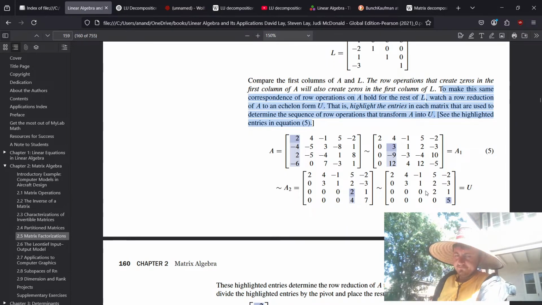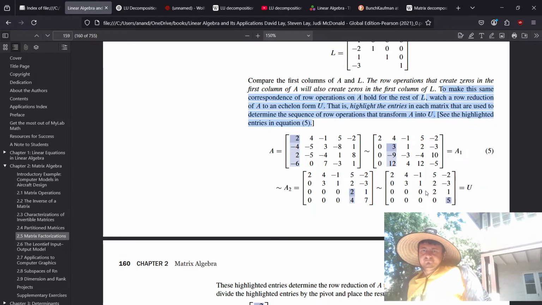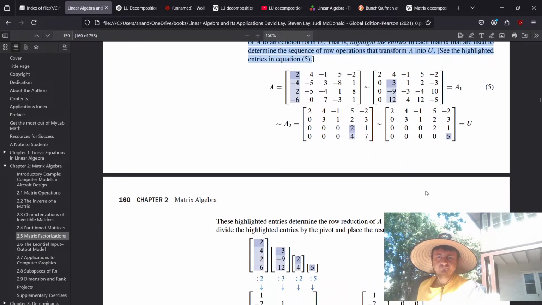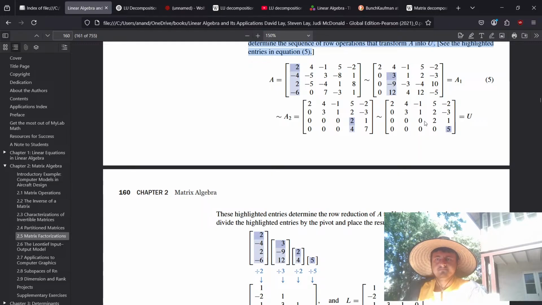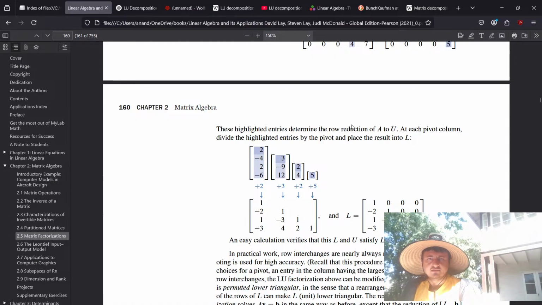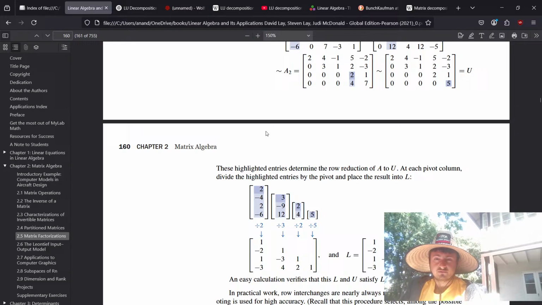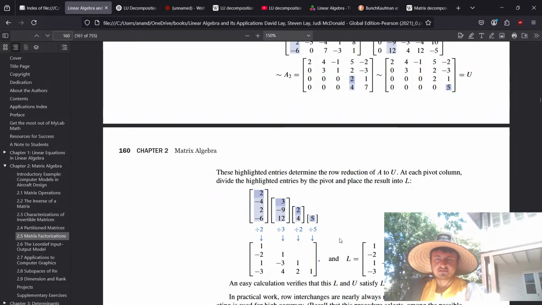Wait, so what happened there, though? Oh, okay. Because this canceled both of these zeros, so you just moved to the next one, I guess. So in the L, you just skip it, right?